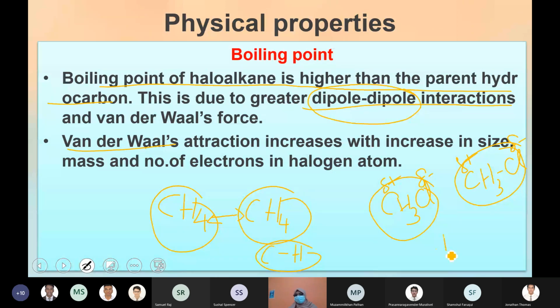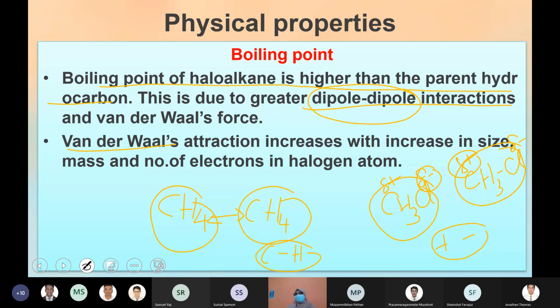Dipole means a positive and negative charge at the two ends of the same molecule. So this negative end can attract the positive end of the next molecule. Due to this, there will be a strong force of attraction compared to the van der Waals force operating in hydrocarbons. Then you can say they have a greater melting and boiling point than the hydrocarbon. So compared to hydrocarbon, these alkyl or aryl halides have higher melting and boiling point.